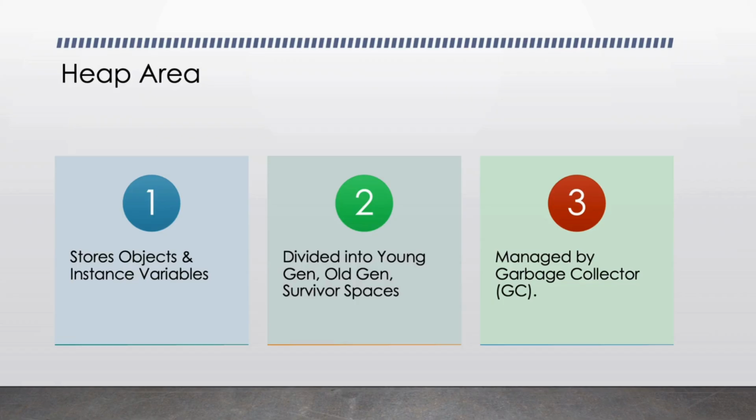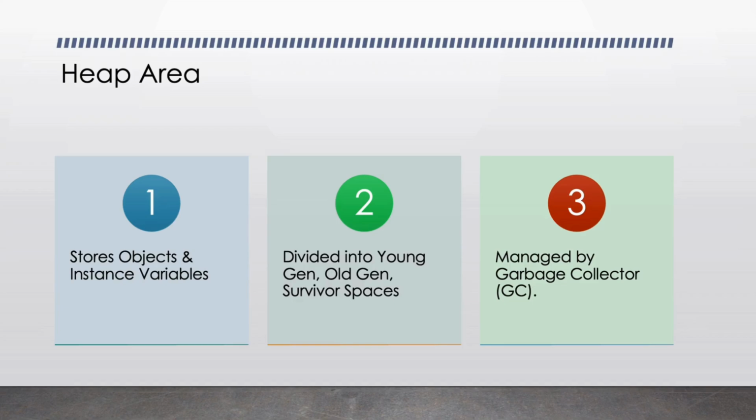Heap is basically the largest memory area inside your JVM. It's like a big toy box where all your toys, like Java objects, are kept. It is divided into sections: the young generation for new objects, the old generation for long-living objects, and the survivor space that acts like a checkpoint.